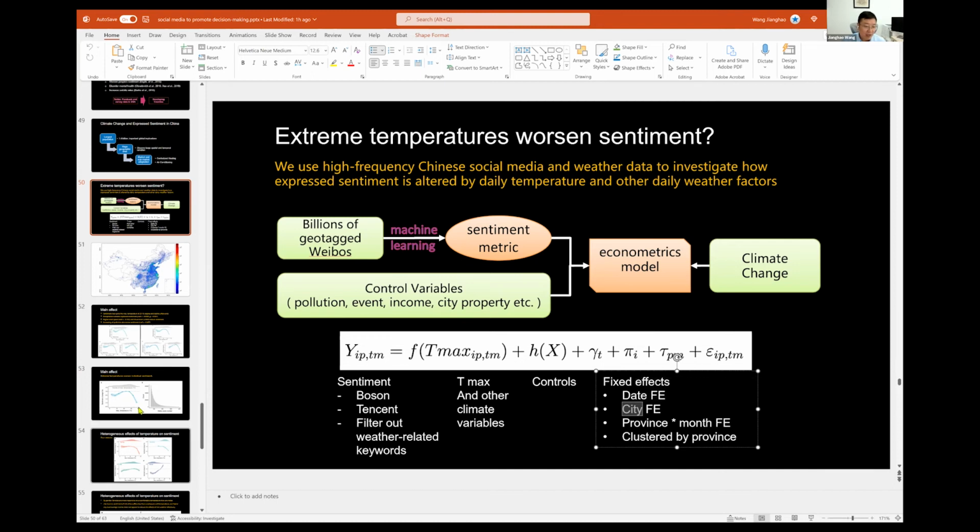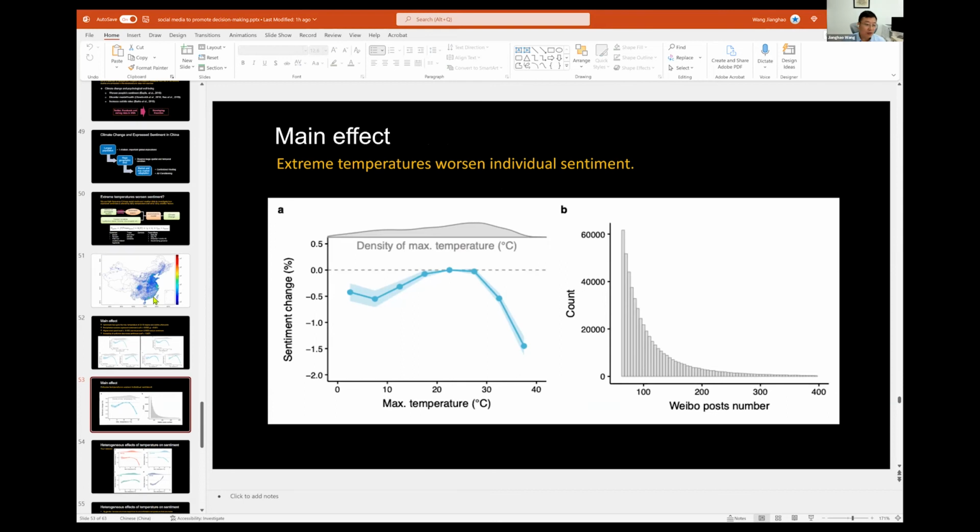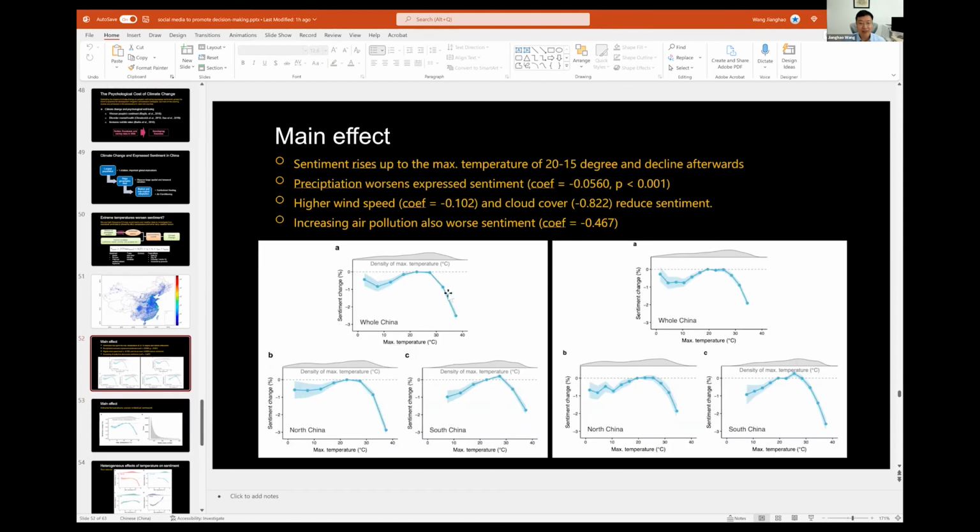You can see that for the individual fixed effect models, the result follows very similar patterns, right? So I think that answers the first question.